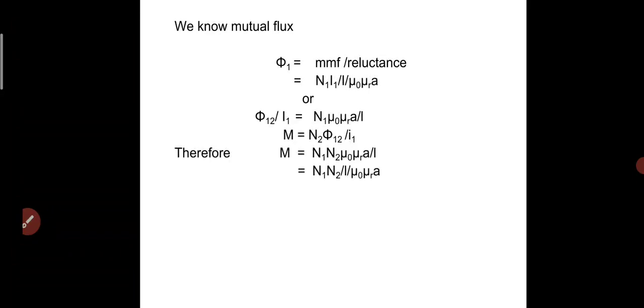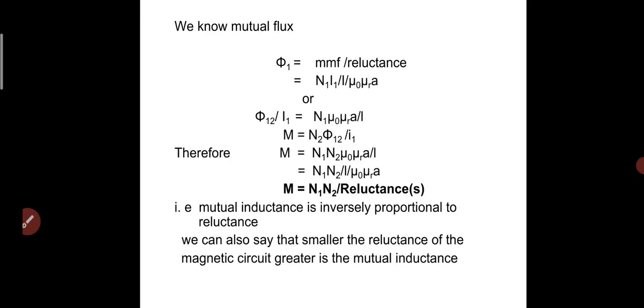We know the mutual flux phi 1 is equal to mmf by reluctance.